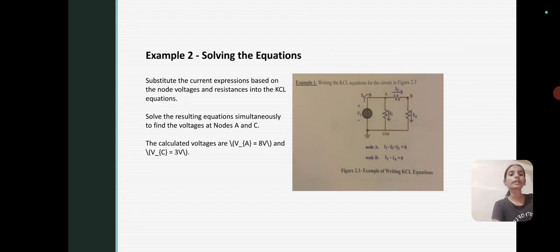Substituting the current expressions based on node voltages and resistance into the KVL equations. Solve the resulting equations simultaneously to find the voltage at node A and node C, and we have to calculate V1 and V2 at the end.